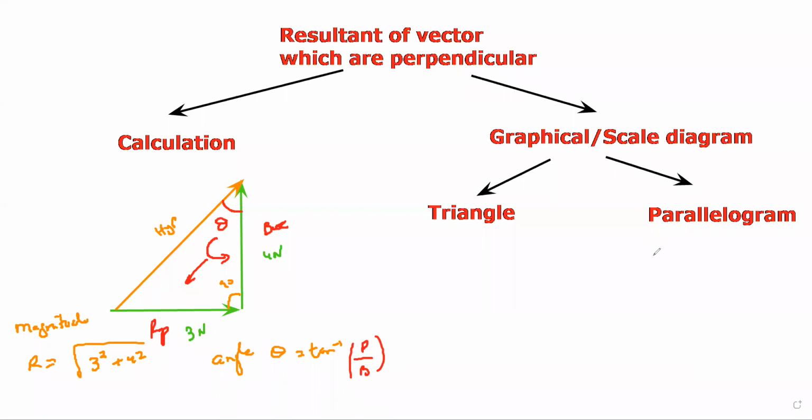But usually there are choices, like you can solve this question either by calculation or graphical method or a scale diagram. Now, for example, we want to find the resultant of two vectors which are perpendicular to each other. We can use a triangle method or a parallelogram method, which is known as a graphical method. On the next slide, I will explain how it can be done.